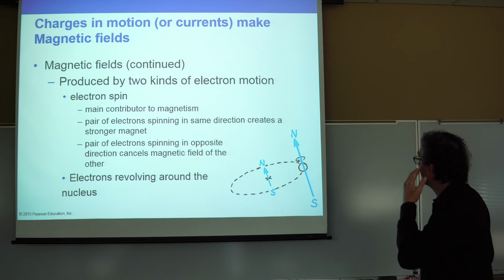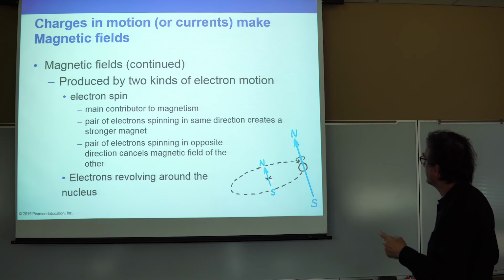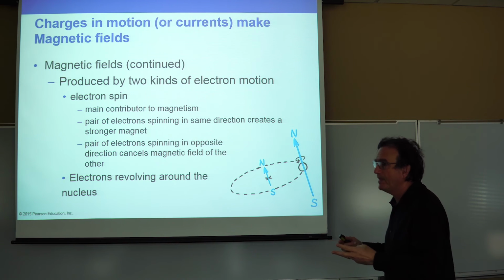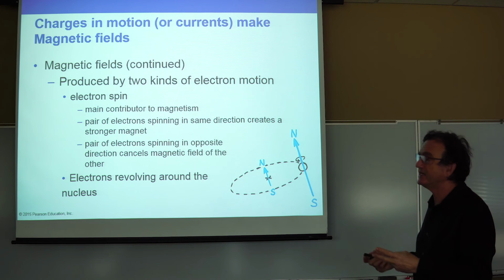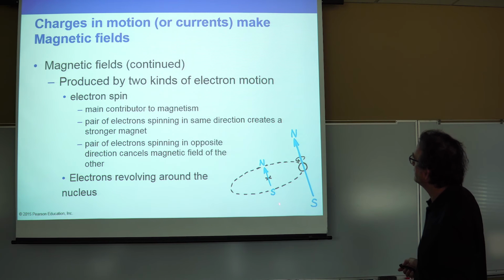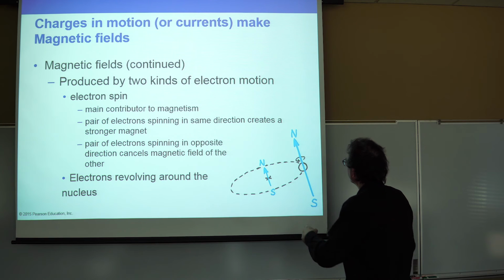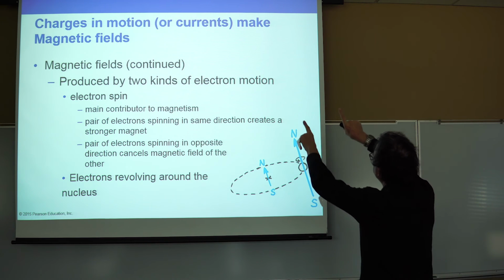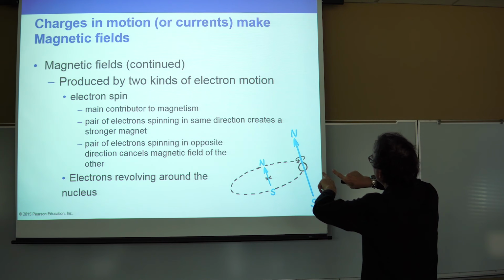The reason this arrow is much longer than this arrow is that the magnetic field is dominated by the electron spin and not the orbit of the electron around the center, which also forms a current loop and also generates a magnetic field. The lines come out everywhere within the loop, and they look just like the field lines of a bar magnet.